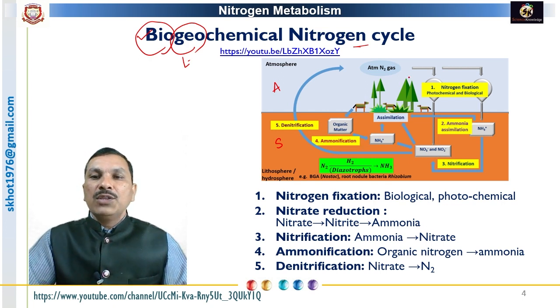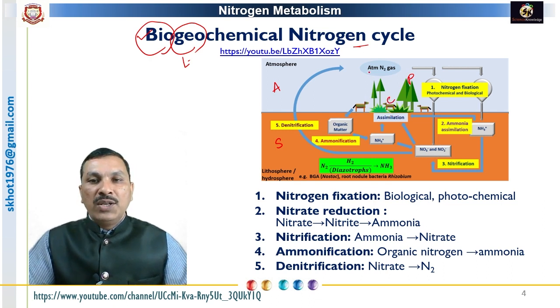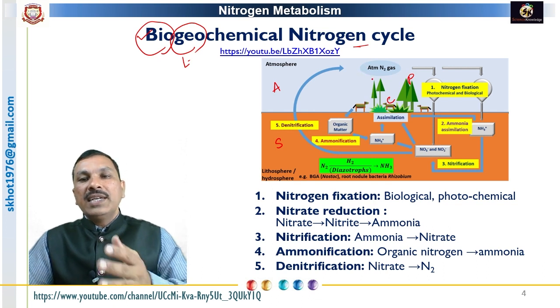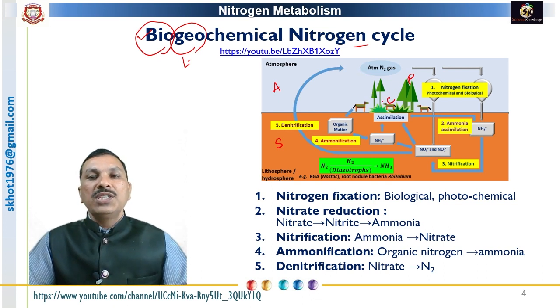The living organisms include producers, plants, and animals, the consumers, as well as the decomposers. So nitrogen will be taken by the living organisms, the biotic components, from abiotic components, and again it will be given back. This cyclic movement is called the biogeochemical cycle.